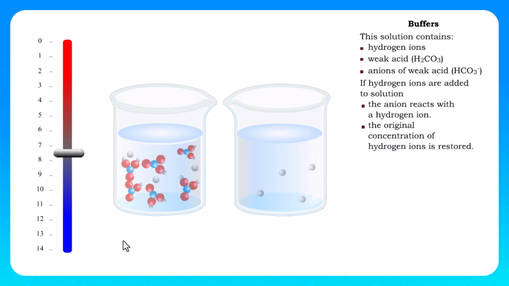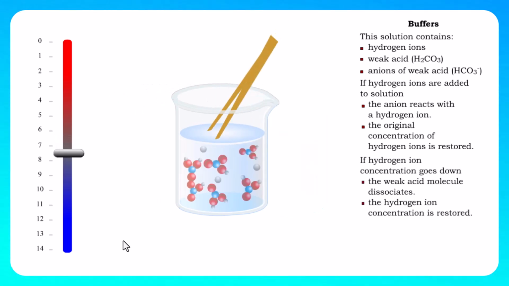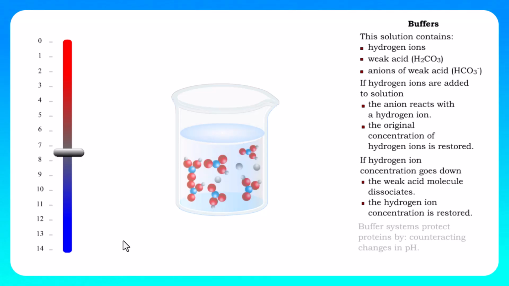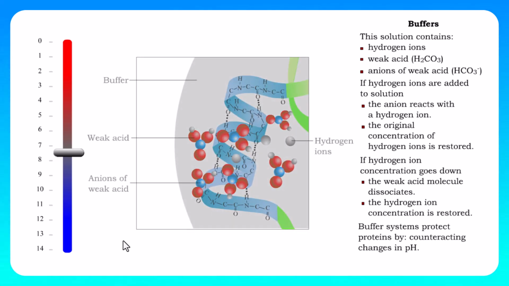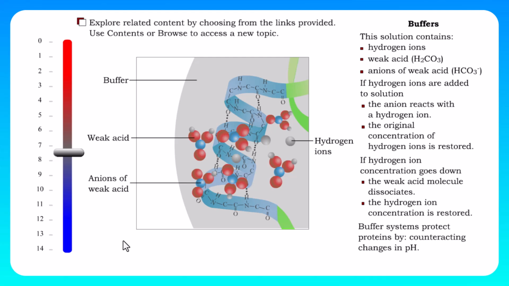This returns the concentration of hydrogen ions to its original value. Likewise, if hydrogen ions are lost from the solution, the carbonic acid dissociates, releasing a hydrogen ion and restoring the hydrogen ion concentration. Buffer systems protect proteins by counteracting changes in the physical environment.